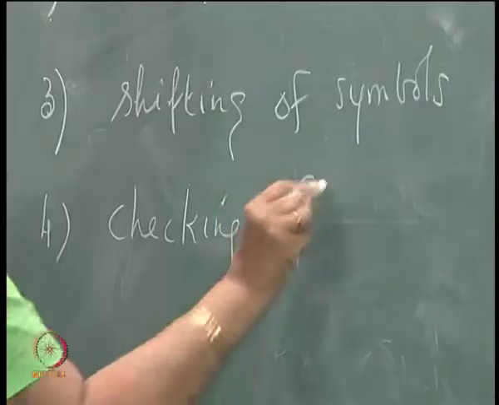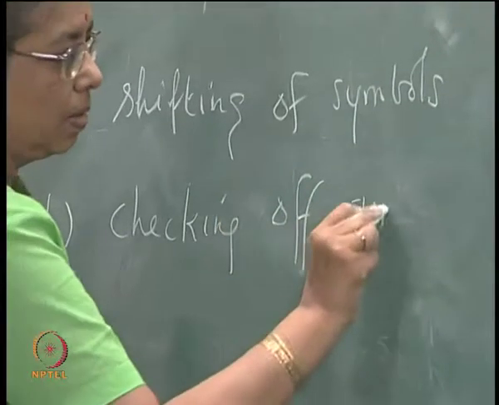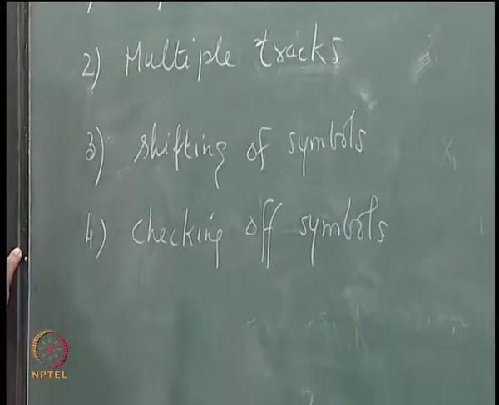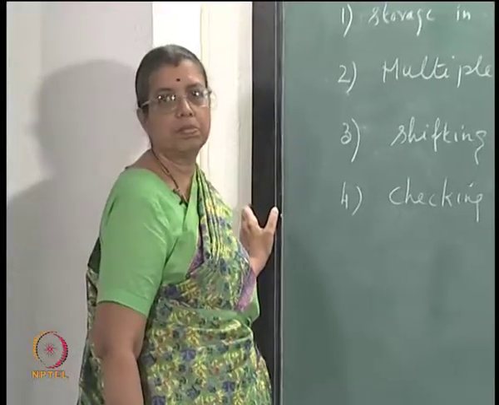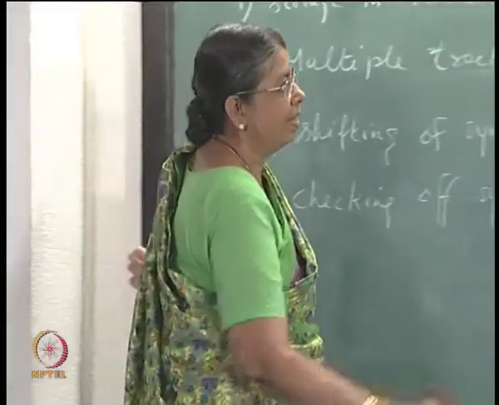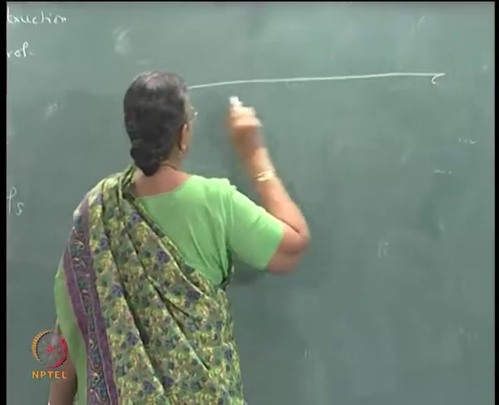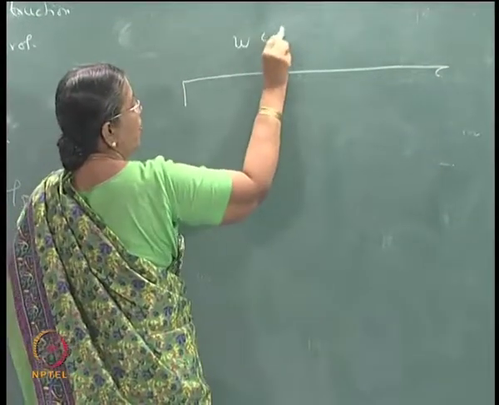Checking of symbols. What does that mean? The same example which I considered, WCW.